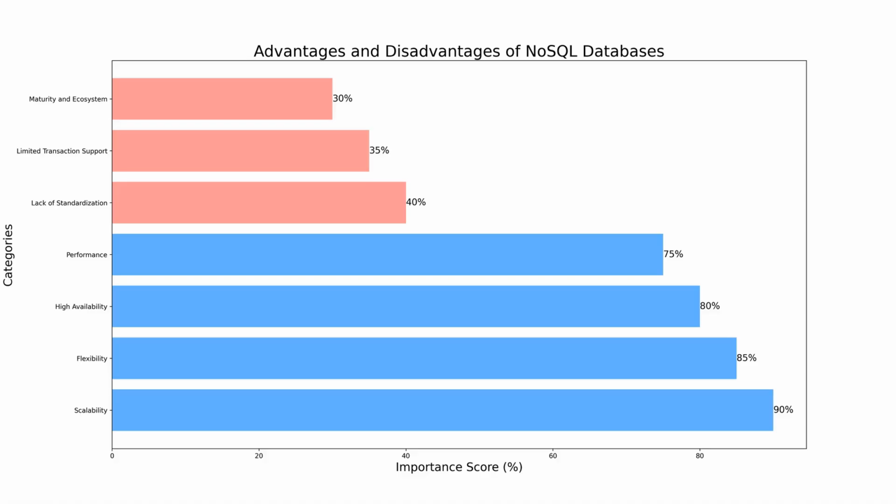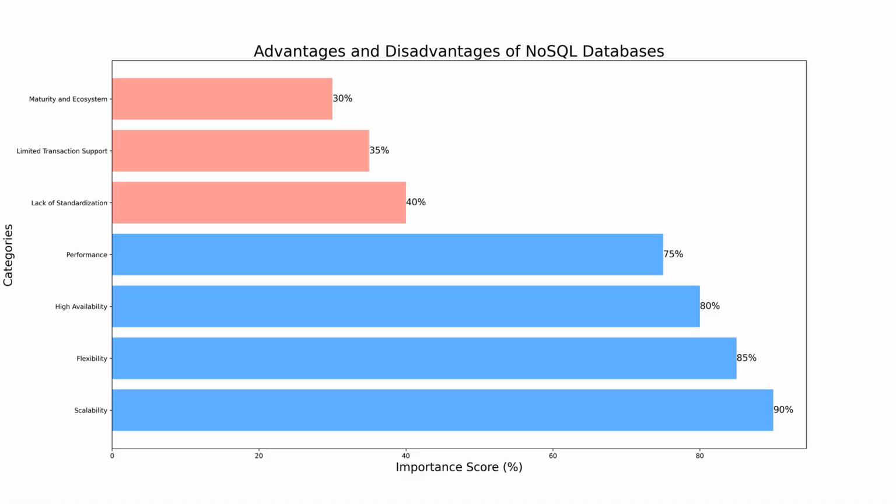Now, if we take a closer look, the top 4 bars, scalability at a whopping 90%, flexibility at 85%, high availability at 80%, and performance at 75%, are not just longer. They're also highlighted in one vibrant color. This clearly emphasizes that these attributes, well, they're scored really high and represent the core strengths of NoSQL systems.